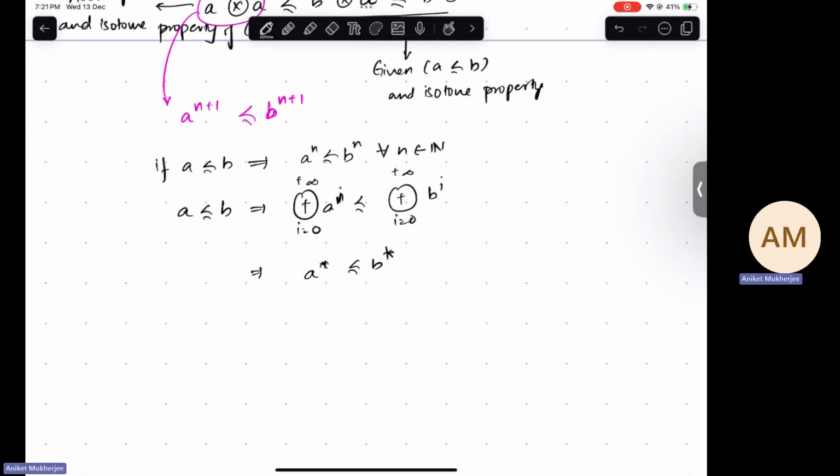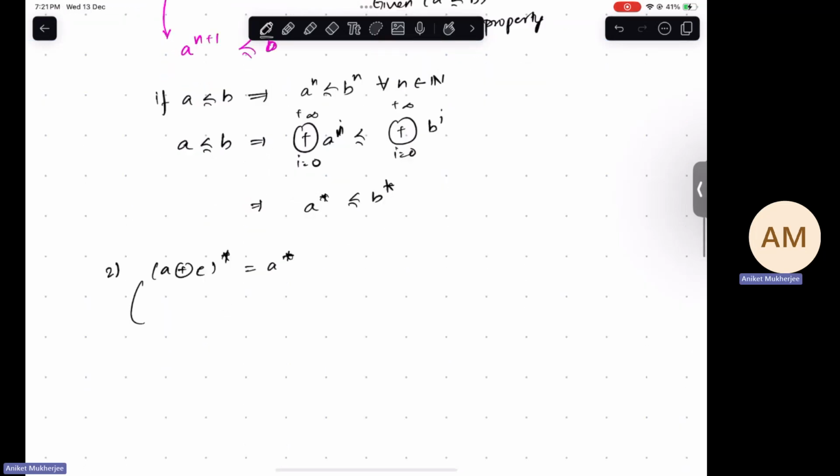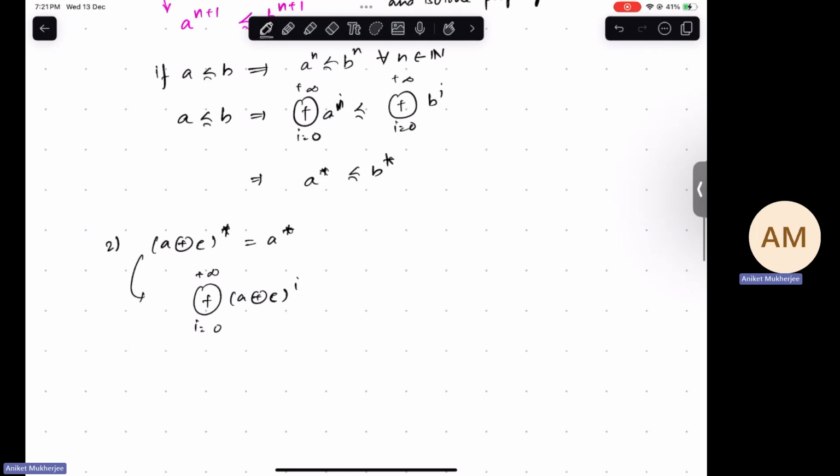Now the second one. In the second one, first we have to show (A plus E) star equal to A star, right? So for that, we'll first use the definition of the Kleene star operator. This basically boils down to the sum over i equal to 0 to plus infinity of (A plus E)^i, right?